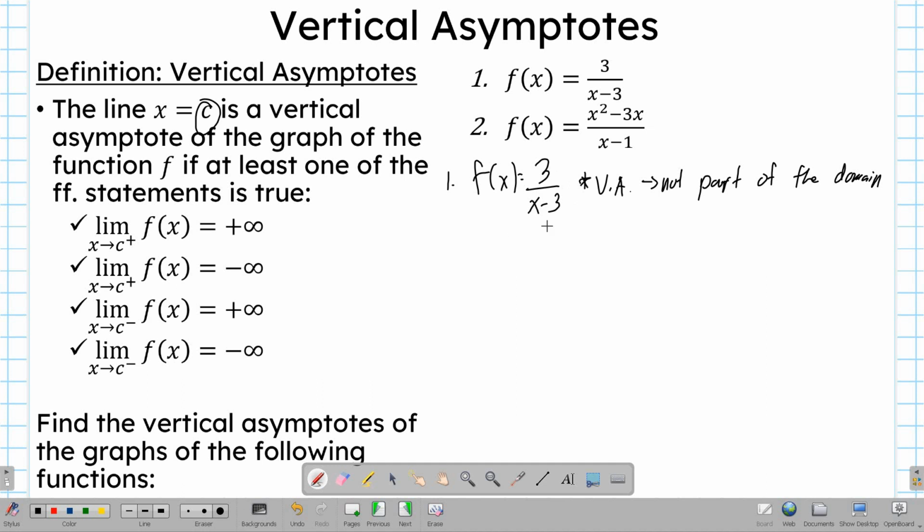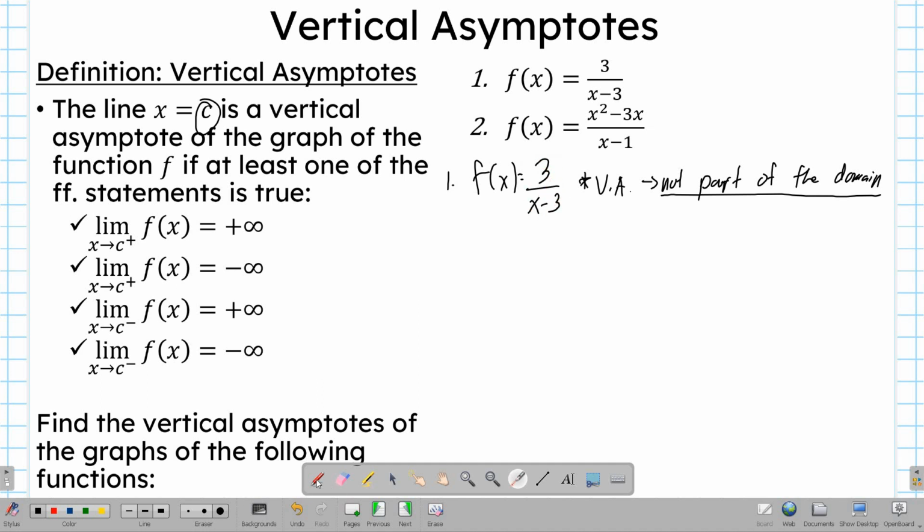Let's verify. Here we have 3 over (x - 3) as our expression for the function. If the vertical asymptote comes from those x values not part of the domain, that would mean that we need to get the values of x that are not part of the domain of this function.